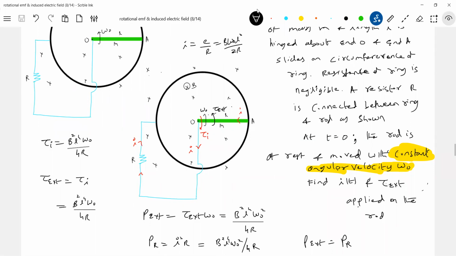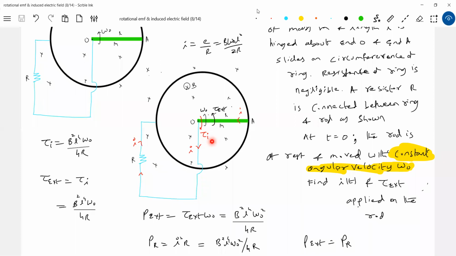The objective questions will be based on things like this. Initially, the rod is moved with a constant angular speed, and the brightness of the bulb is constant. If I double the torque, the angular velocity will no longer remain constant, because the net torque will be non-zero.